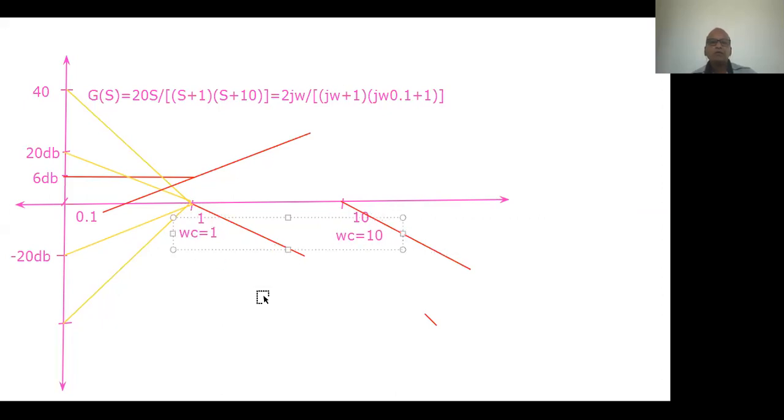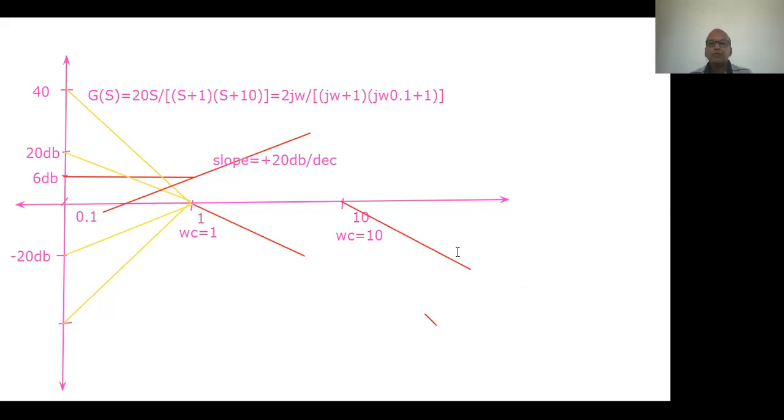Corner frequency is equal to 7. And the slope of this is minus 20. Slope of this is minus 20. Slope of this is plus 20. Slope equals plus 20 dB per decade.